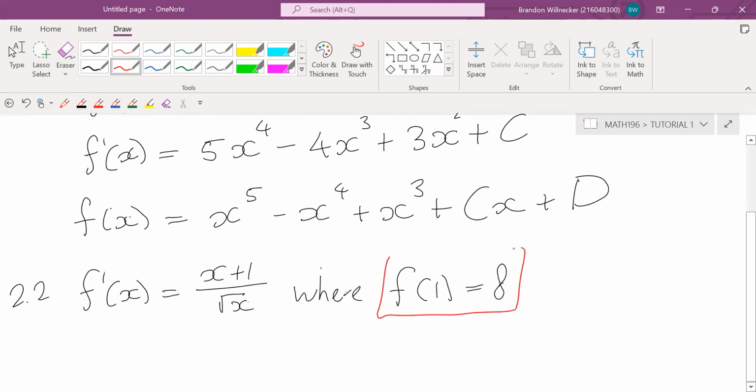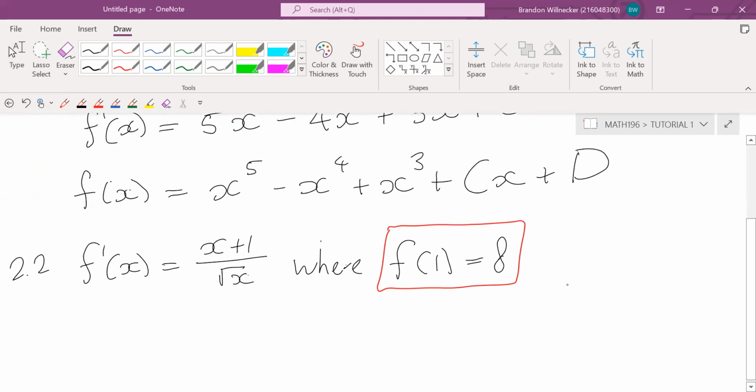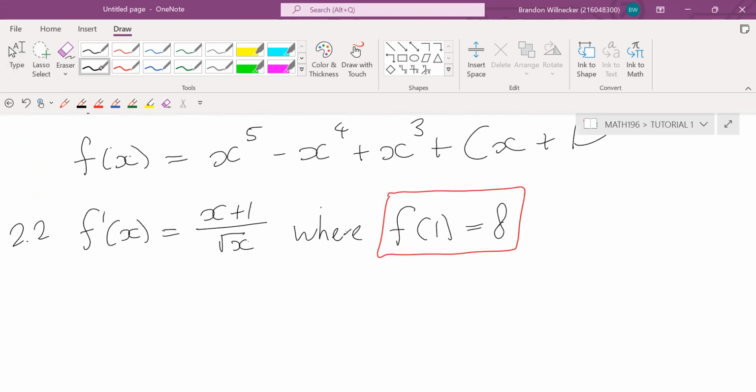So we're given this bit of information here, and we can use this to solve for the constant that gets added during the antiderivative process. Okay, so we can explicitly solve for whatever that plus c needs to be. Okay, but first we need to do a bit more working on this first derivative, because as it is here, we don't have any nice powers that we can deal with.